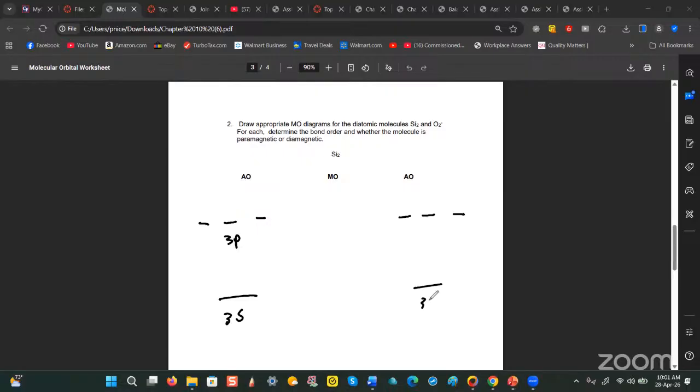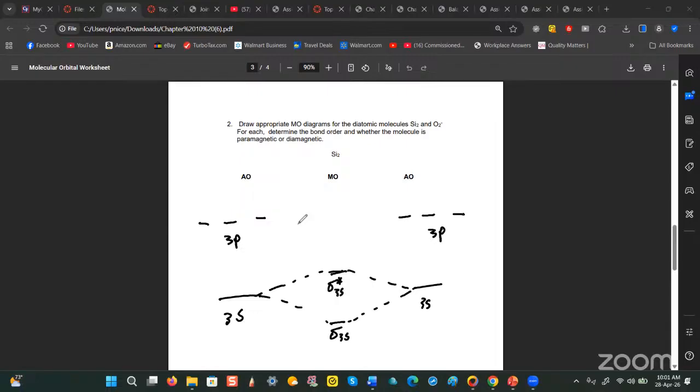Right. So the 3s here and the 3 3p's here, right? So in the case of the 3s, they'll come together to form a sigma antibonding 3s, formed from the 3s orbital, and sigma bonding 3s down here. All right, I'm just going to draw the line so that you can see the associations. All right, so basically these molecular orbitals are formed as a result of the combination of these 3s orbitals.